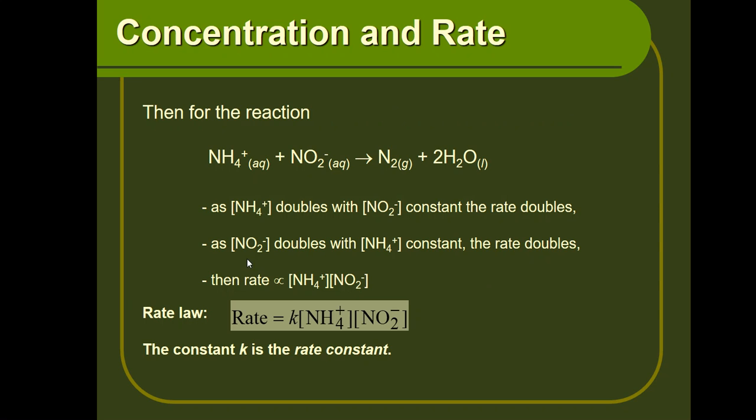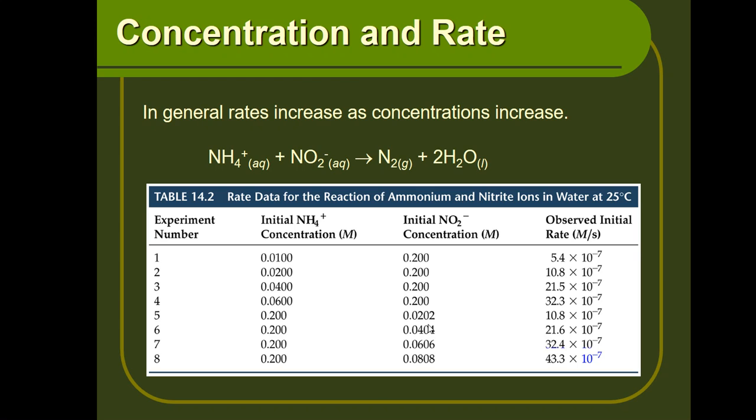If it's the nitrite ion that doubles, and we keep the ammonium ion constant, this time the rate doubles. So notice, the doubling of one concentration doubles also the initial rate of reaction. Let's see if that is true. We keep this one constant, we double this, like in here and in here, and this one more or less doubles. So crudely doubles, that is.